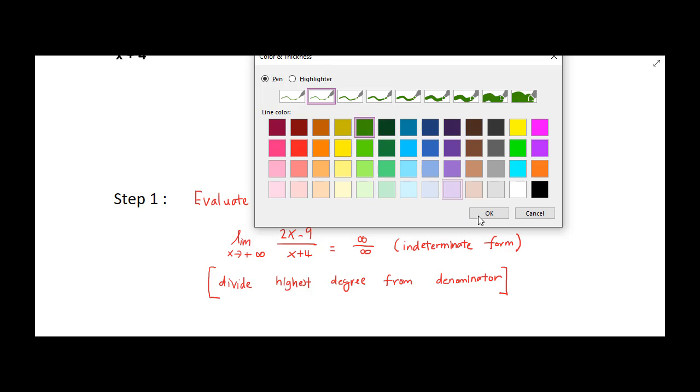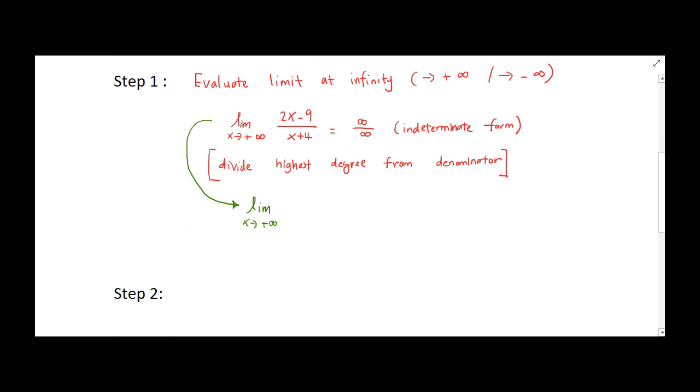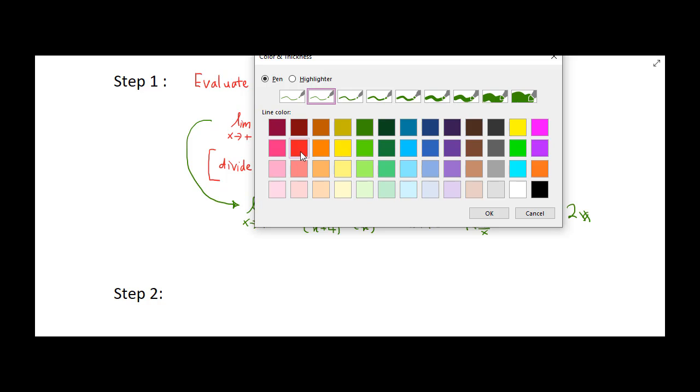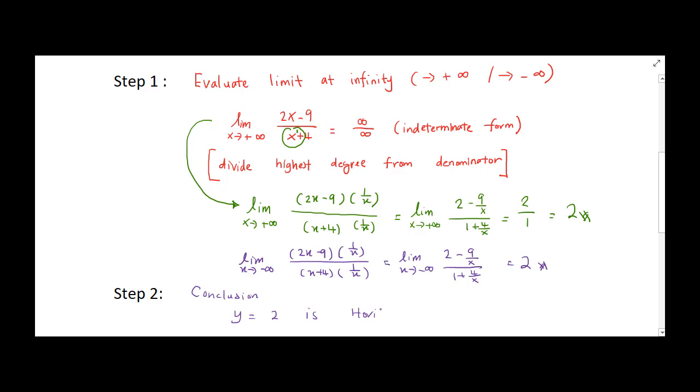Here, the highest degree is 1, linear, so we multiply by 1 over x. After we simplify and use direct substitution, we get a constant number, positive 2. When x approaches negative infinity, we also get the same solution, positive 2. So at last, the conclusion: y equals 2 is a horizontal asymptote.